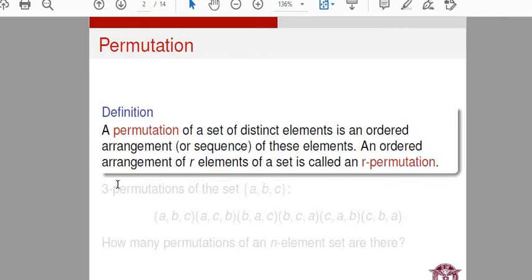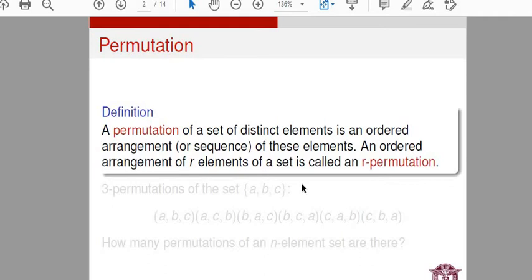Permutation. Let us understand the permutation and the R permutation. What is a permutation? A permutation of a set of distinct elements is an ordered arrangement or sequence of these elements.